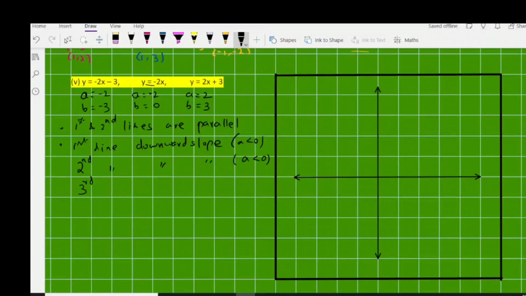For the third line, A is positive, so upward slope, because A is greater than 0. Let's plot the points and check. Now see, first equation, y is equal to minus 2x minus 3.